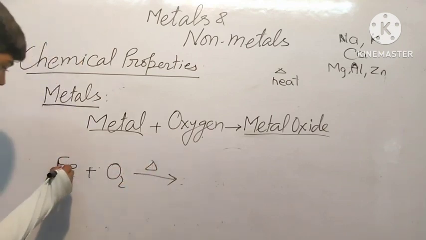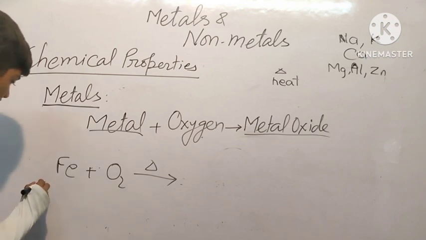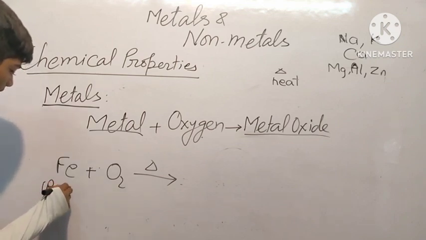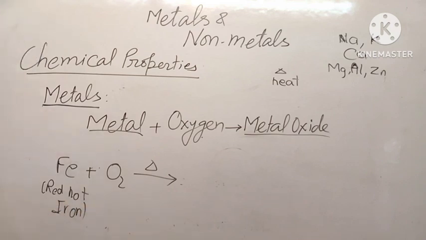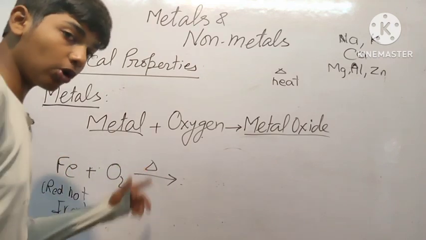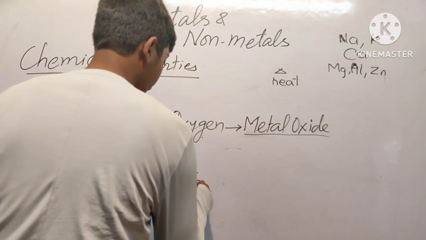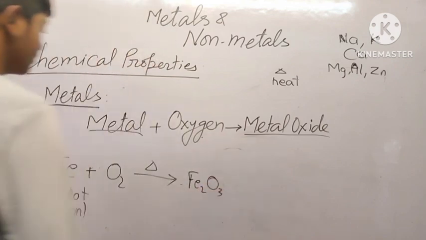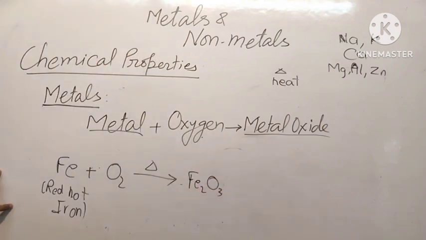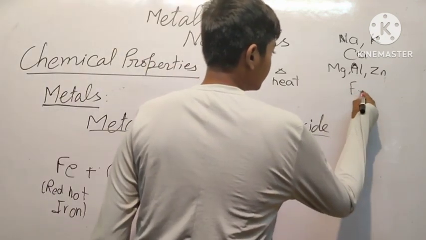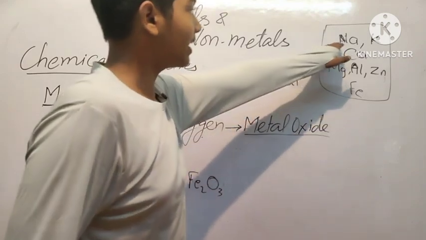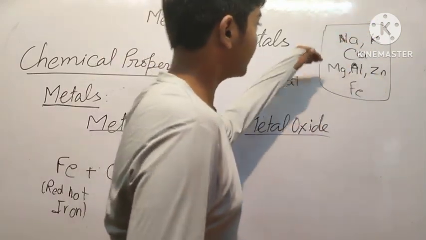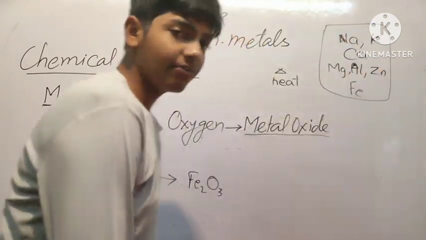We need red hot iron, a special condition for iron. We need red hot iron to react with oxygen with a strong amount of heating to form Fe3O4. Sorry, Fe2O3. So we can say that Fe is even less reactive. So we have sodium and potassium as the most reactive, then calcium, then magnesium, aluminium, zinc, and Fe.